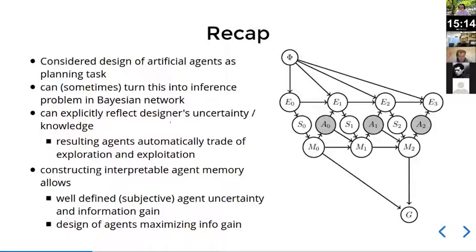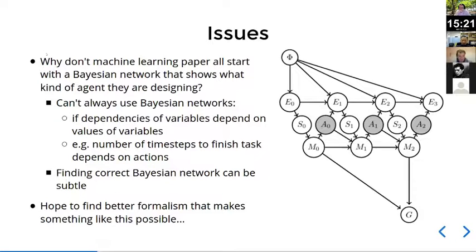Okay, that's basically it. I'm going to skip the recap because I'm way over time. But maybe you ask yourself why doesn't everybody draw a Bayesian network in the beginning of their paper so that we know which problem they're solving. There are some good reasons for this. For example, you can't always use a Bayesian network.